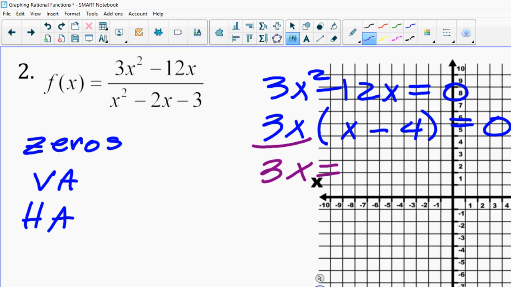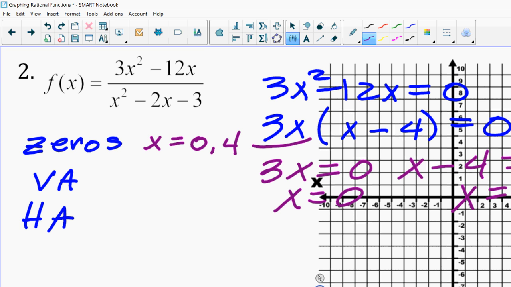So 3x equals 0 or x minus 4 equals 0. Okay, I'll add 4 on this one, so x equals 4. Good. And x equals 0 because 3 times 0 is 0. So my curve's going to cross the x-axis twice, at x equals 0 and at x equals 4.